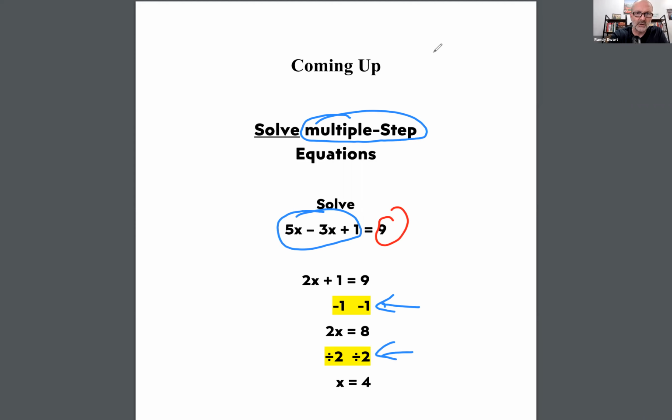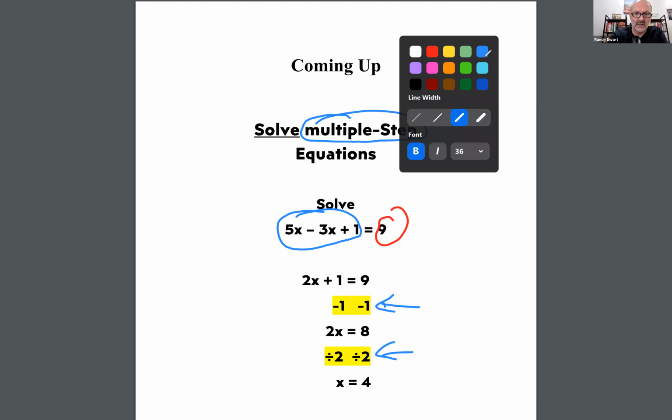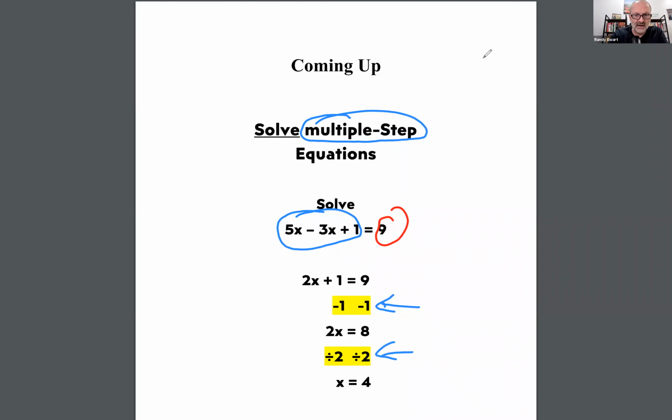The blue expression has extra stuff in there, so we can simplify. 5x minus 3x is 2x plus 1. Oh, that's this equation here. So you have to simplify, then you can do your 2 steps. Hence, we call this multiple steps. Okay, that's it for this lesson. See you in the next video.